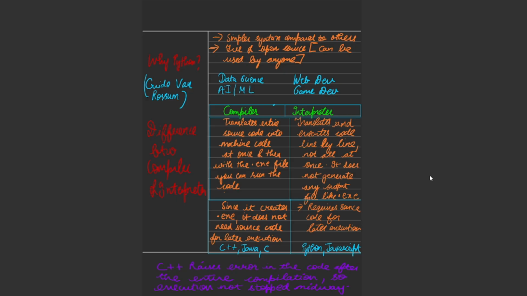Once that file is created, you don't need the source code to run it again. Just by using the .exe file, you can run your code. This way, execution with a compiler is very fast, and the languages which use a compiler are very fast. C, C++, Java are heavily used in the backend of financial systems, etc.